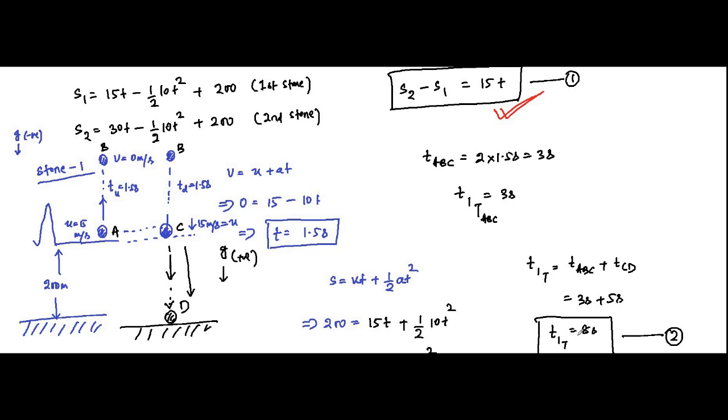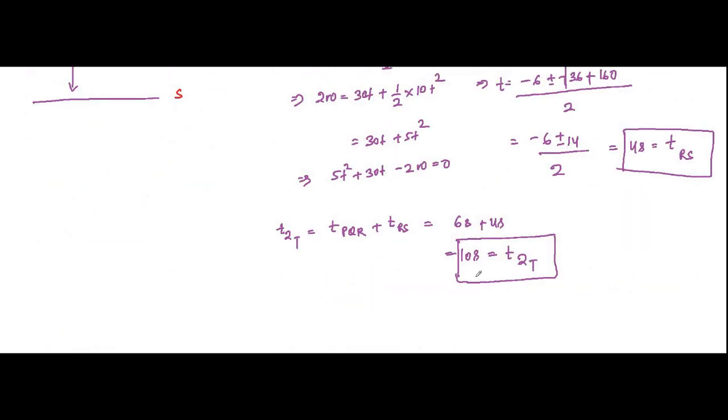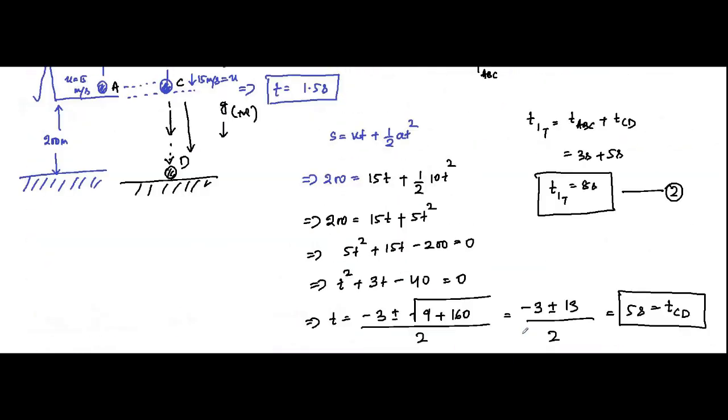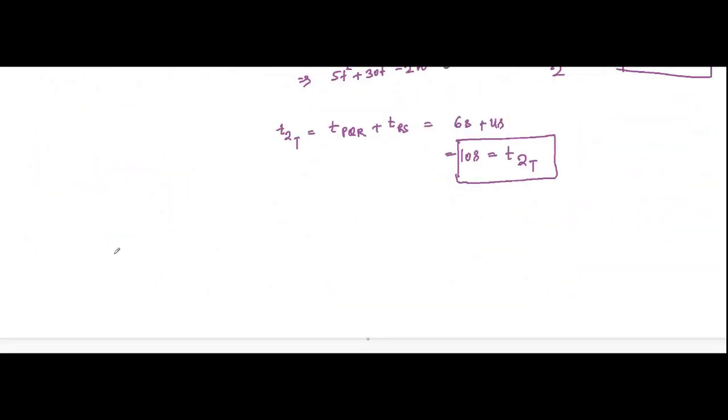So stone 1 has hit the ground earlier as compared to stone 2, which has taken 10 seconds. So up until 8 seconds, both stone 1 and stone 2 are in the air.